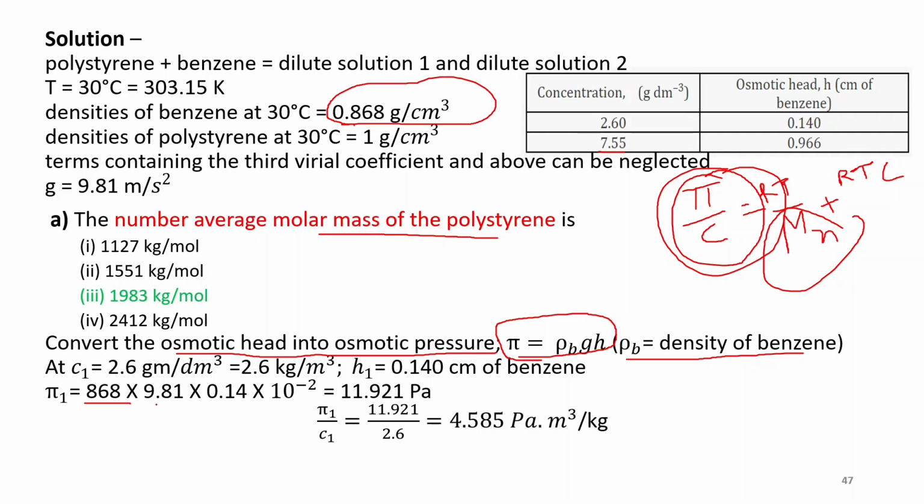Then g is 9.81, and h is 0.14 into 10 to the power minus 2 meter. So we get 11.921 Pascal as pi, which we divide by the concentration 2.6, and we get 4.585 Pascal meter cube per kg, right?